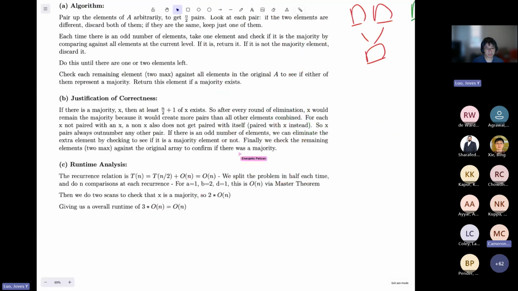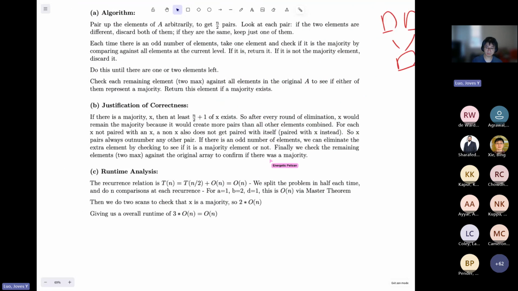You can use the master theorem to work this out. But what ultimately happens is that this O of n work is going to dominate your number of subproblems and your number of recurrences according to those subproblems. And so the O of n ends up being the most amount of work.